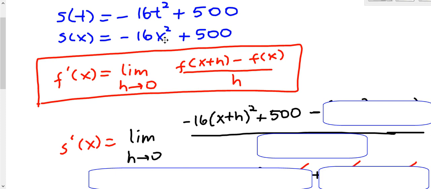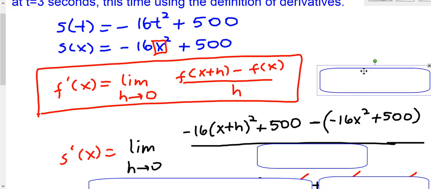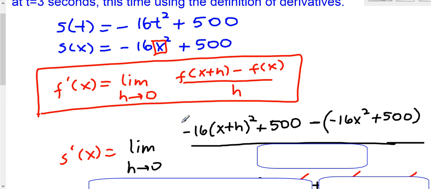So you take the x out, put the x plus h in the definition of the function. Minus f of x. So after the minus, I'm going to open a parenthesis and put the function itself in there. So we have f of x plus h over here, minus f of x. In this case, the function is s of x plus h minus s of x, and everything divided by h.